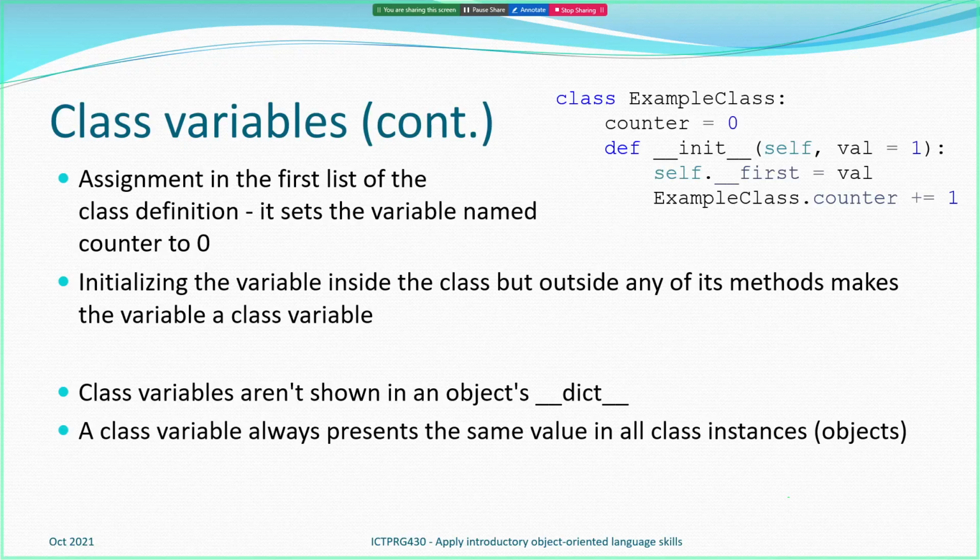So when we do a hunt through the dictionaries of objects, we won't see it defined in the objects dictionaries. It is present in all objects, and it will always have the same value as inherited from the class.